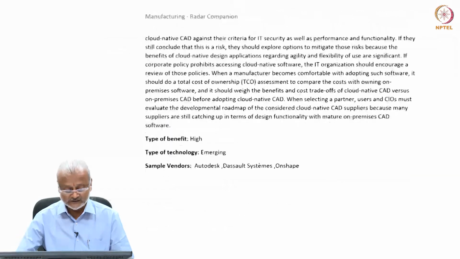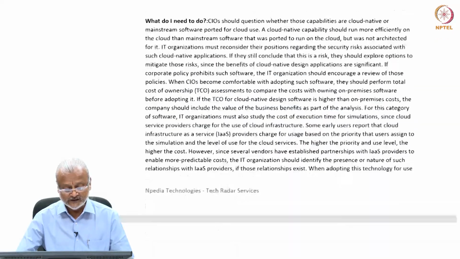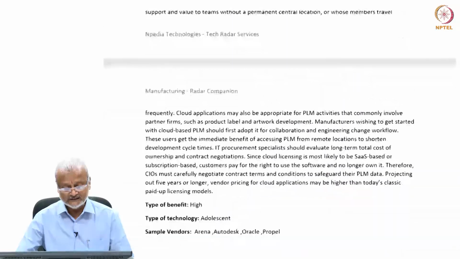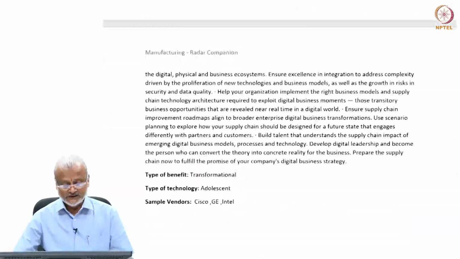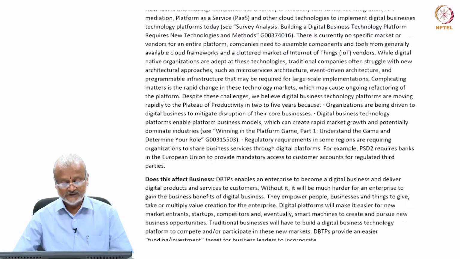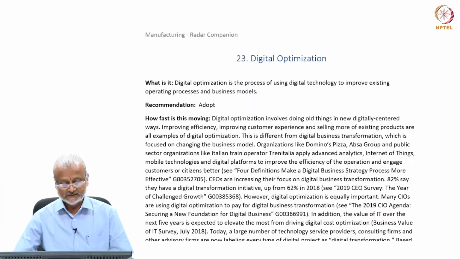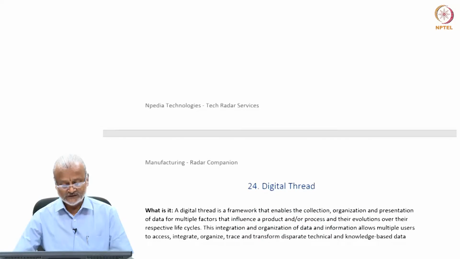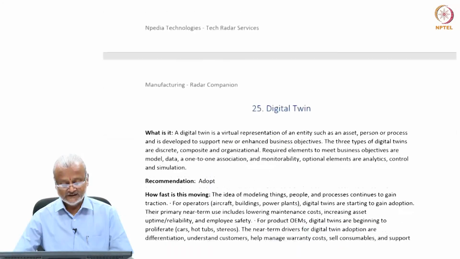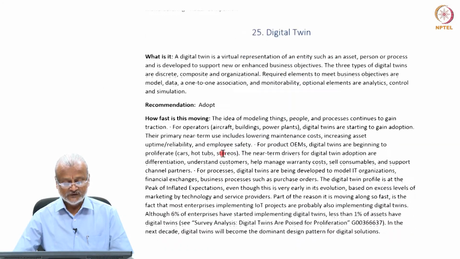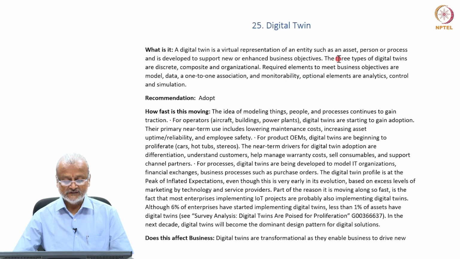I wanted to show the digital twin on that. Digital business, we have digital business technology platform, digital optimization, digital thread, digital twin. A digital twin is a virtual representation of an entity such as an asset, person, or process, and is developed to support or enhance business objectives, right.